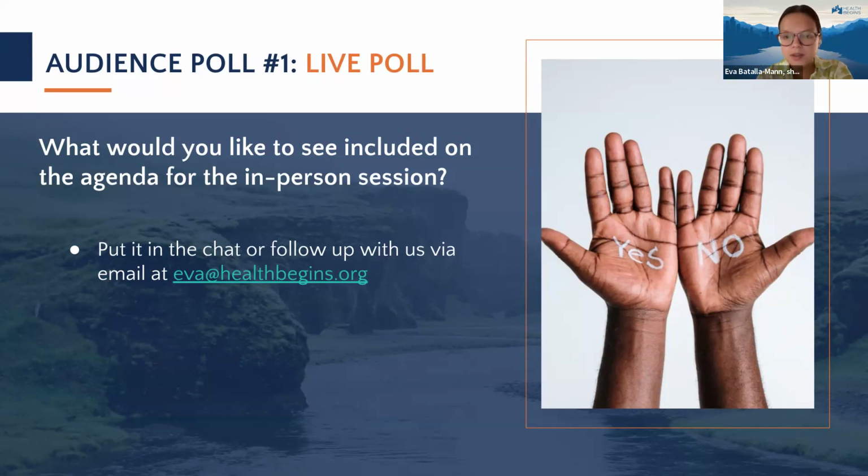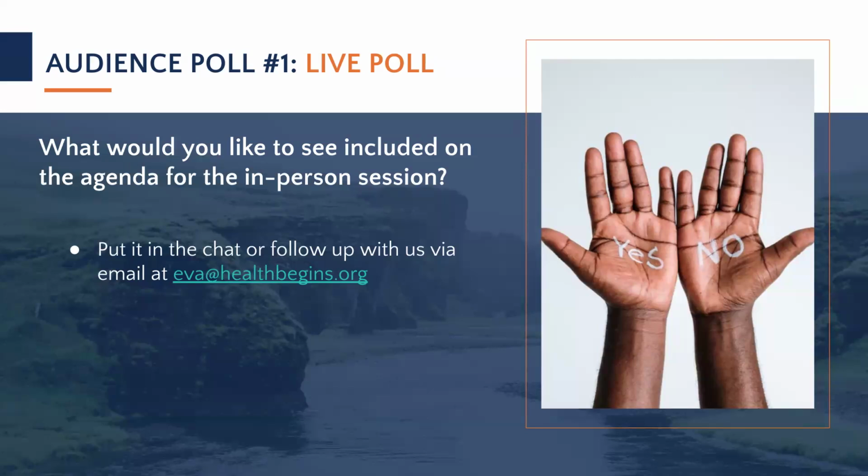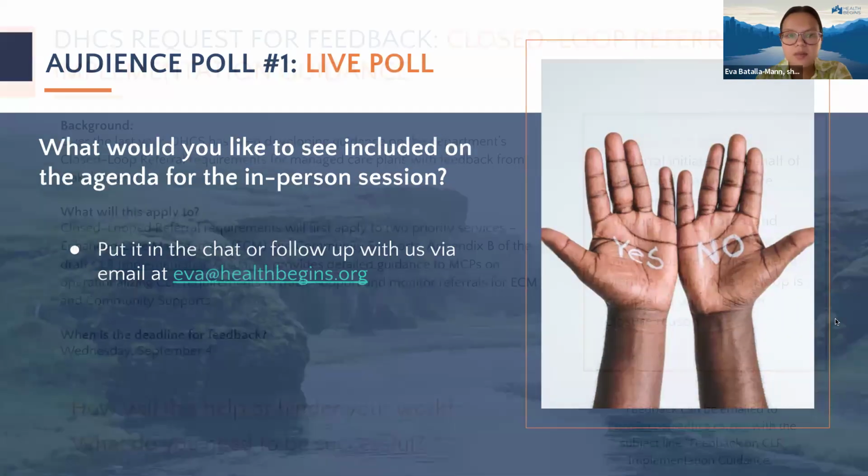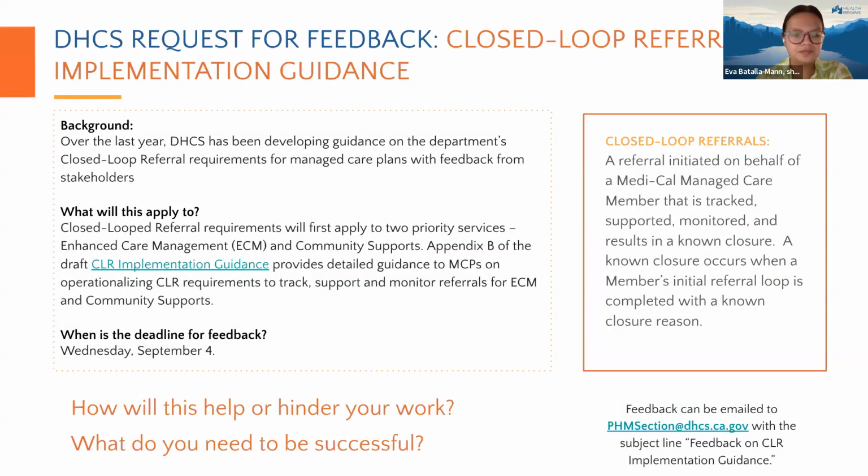We are keeping track of all these suggestions and we'll do our best to incorporate them all in the agenda. If something comes to mind later, feel free to send me an email. My email is there in the slide. But we'd love to hear from you about what you would like to see in this session. And then I think we can go to the next slide and I will pass it to Gretchen.